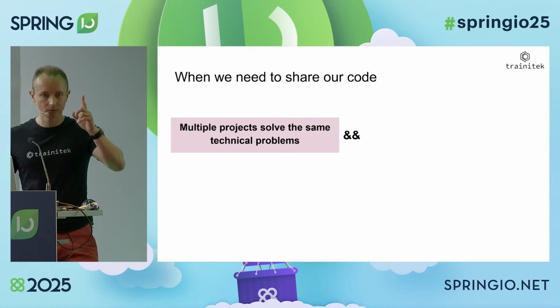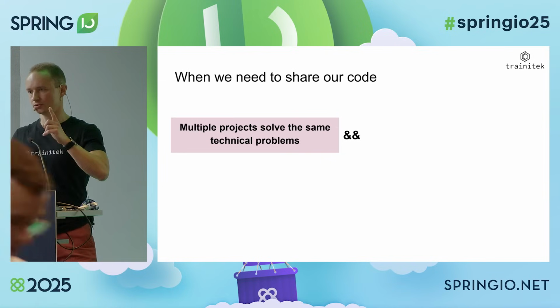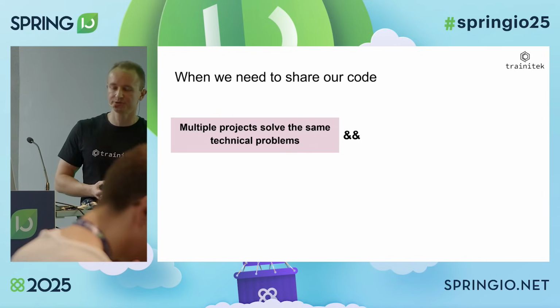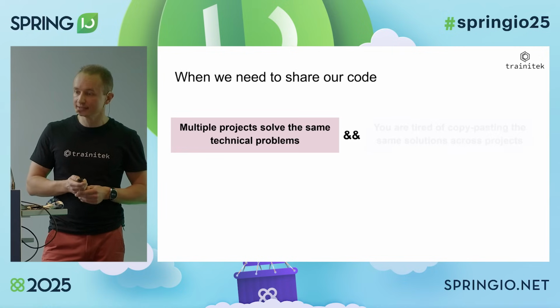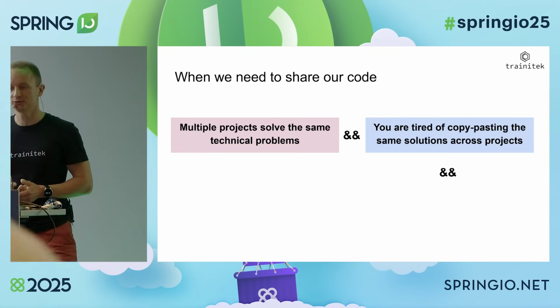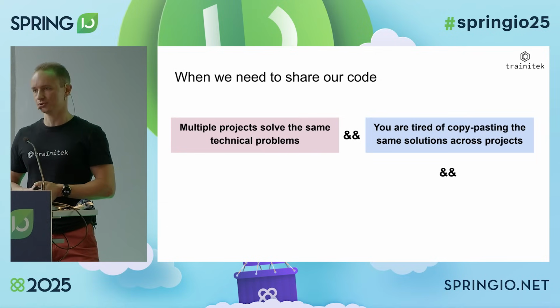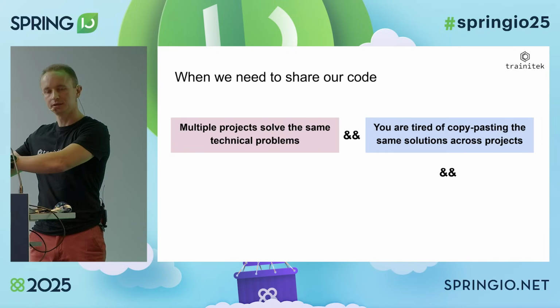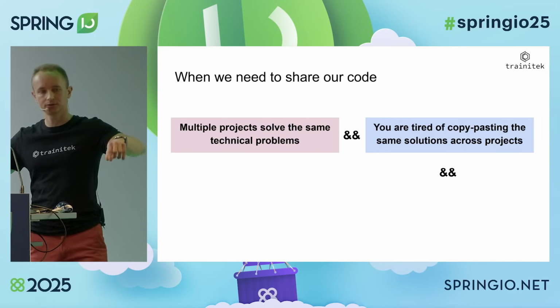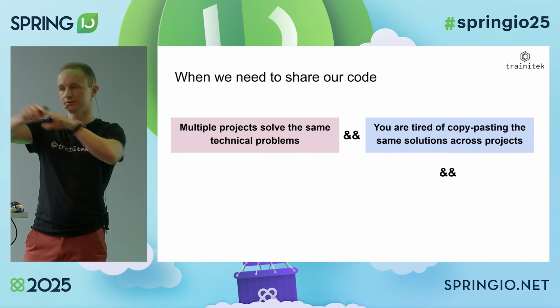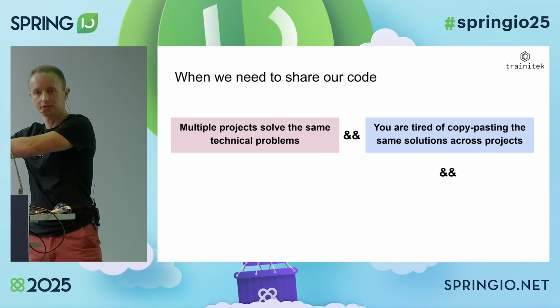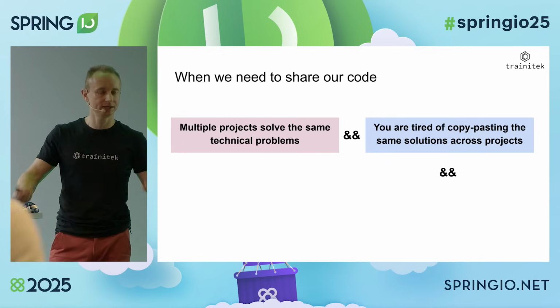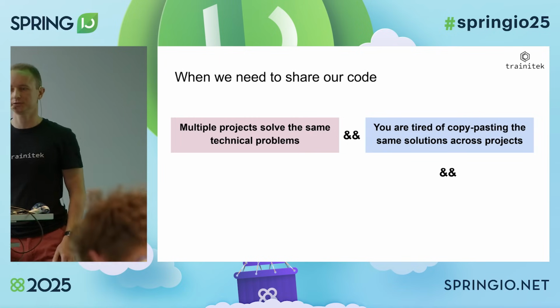If you have only one, probably you don't need to start with sharing the code. And you're tired of copy-pasting the same solutions across projects. You implemented something here, something there, then you found a bug there, you fix it here, you go back and fix it in other projects, so you're tired of it, and that's why maybe you want to share the code.